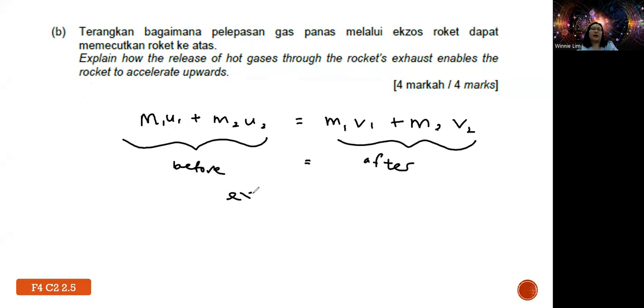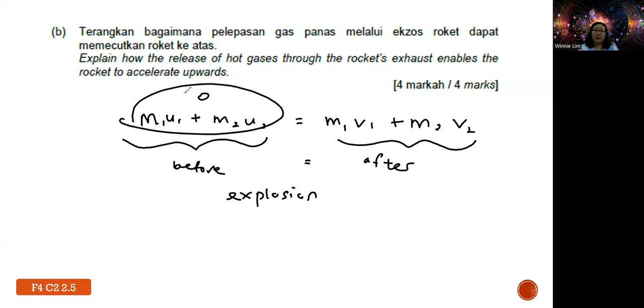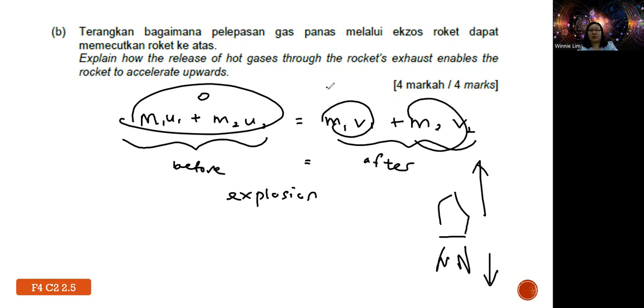So under the idea of explosion, the 2 objects initially are at rest, or the momentum is 0. But after that, they will move in opposite directions. So like a rocket, right? Why it is able to launch upward is because the gas goes downward. So their magnitude is the same. So for example, this is the rocket, and then this is the gas, or even like a rifle with a bullet.